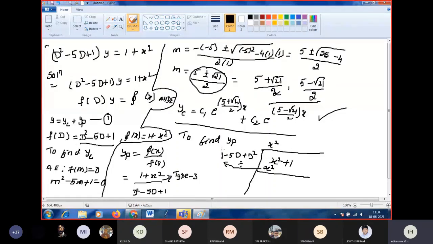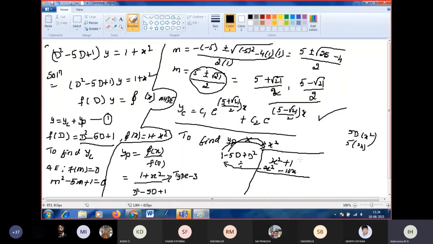Now multiplication. 1 into x square is x square, we already wrote. Next, minus into plus is minus, 5D of x square. 5 into what's the differentiation of x square? 2x. That is minus 10x.